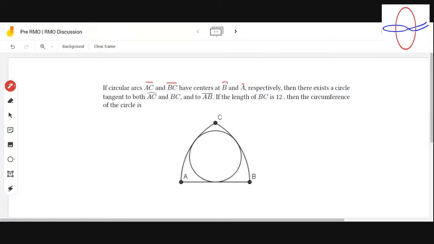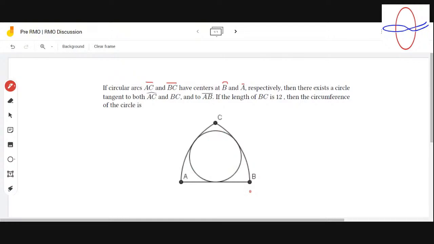Okay, so there are lots of circles. It's really good. So essentially, suppose there are circular arcs AC and BC, which have centers at B and A respectively. Then there exists a circle, okay, A and B are joined.